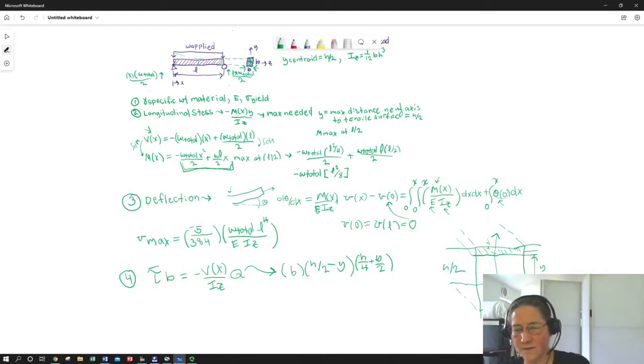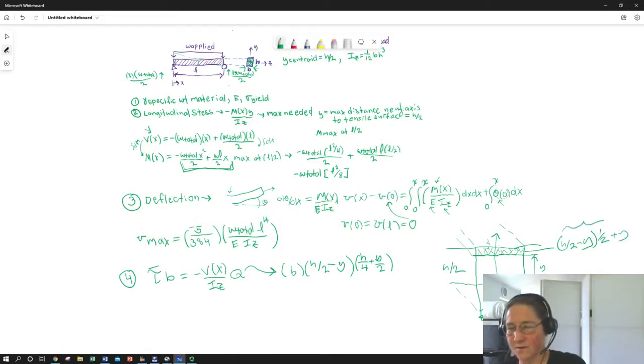Of course, this is b. And so what I've done is I've looked at the area of this little cross section and its centroid position, which is going to be h over 2 minus y, half of that, plus y.